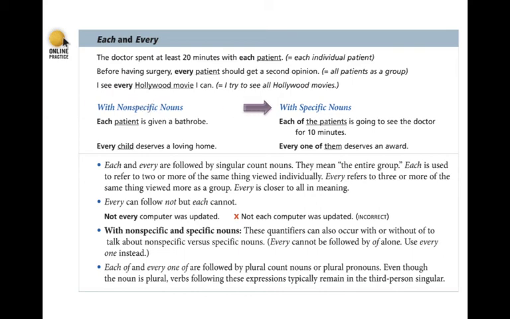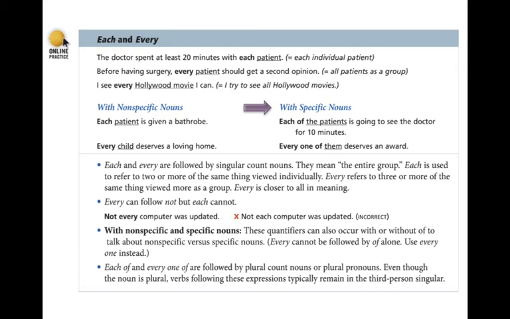With specific nouns, each of the patients, each one of plural, because one of many. So each of the patients, plural, is going to see the doctor for 10 minutes. Make sure the verb agrees, is going to, because the subject is the word each.